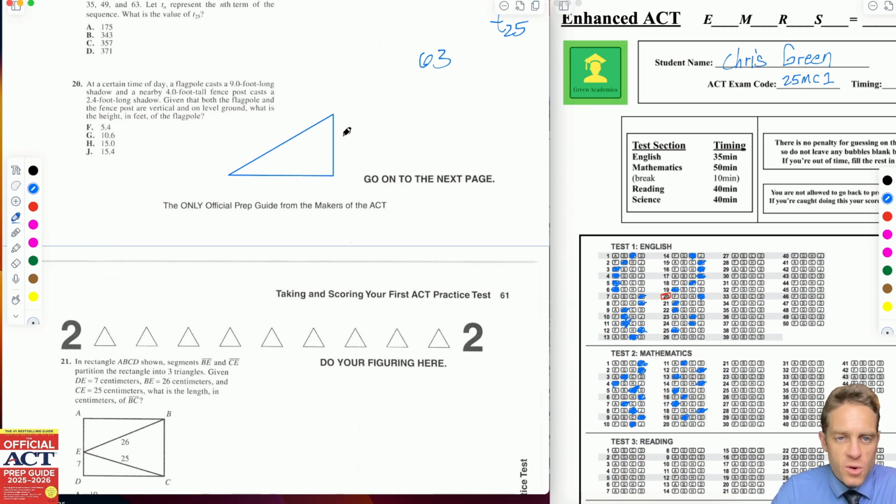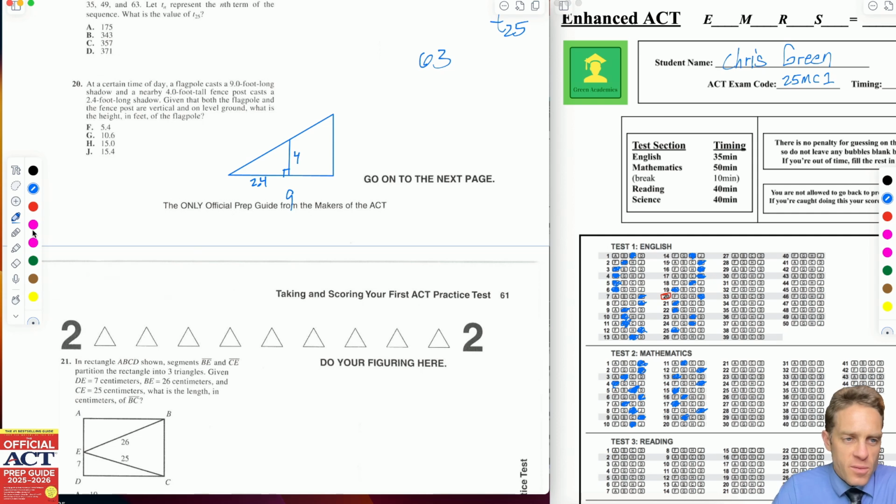So if this is the tall flagpole and this is a right angle, that casts a 9-foot shadow, and a 4-foot tall fence post casts a 2.4-foot-long shadow.